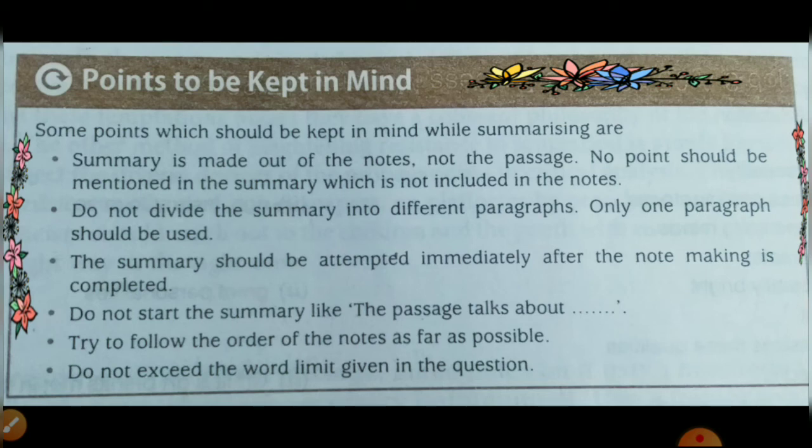There is a utilization for each and every rule, isn't it, children? So, what's the utilization of summarization? For example, you are studying one full chapter. It's not possible to remember each and every thing.